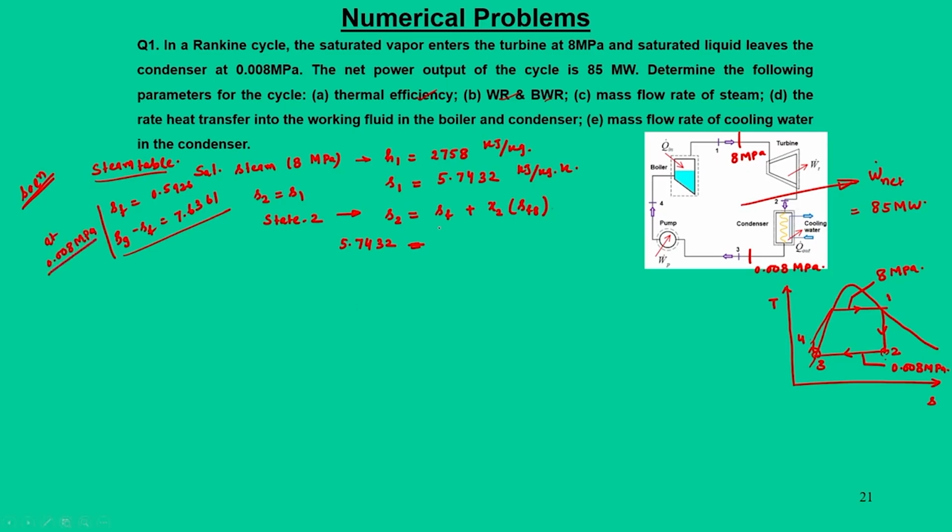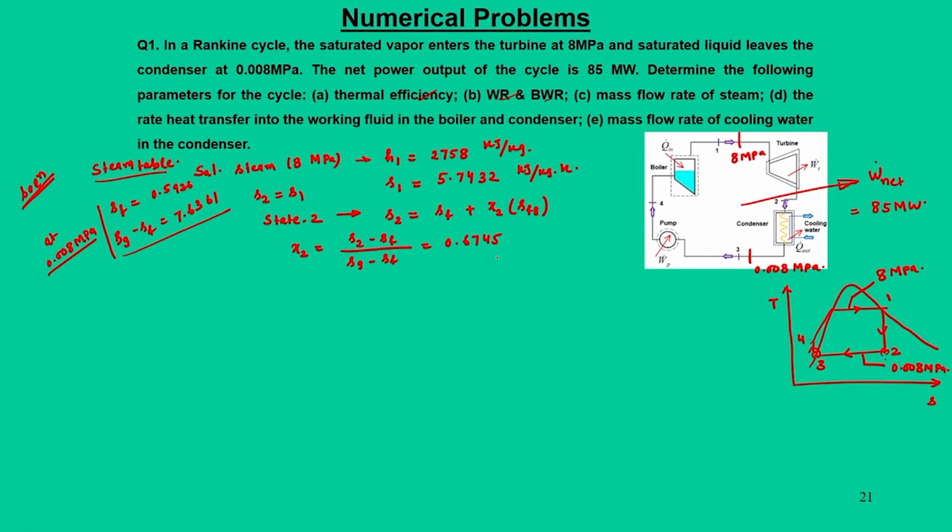So, this will give you the information about X2, and that is S2 minus SF divided by SG minus SF. So, X2 we find it out as 0.6745. This is the dryness fraction at state 2.